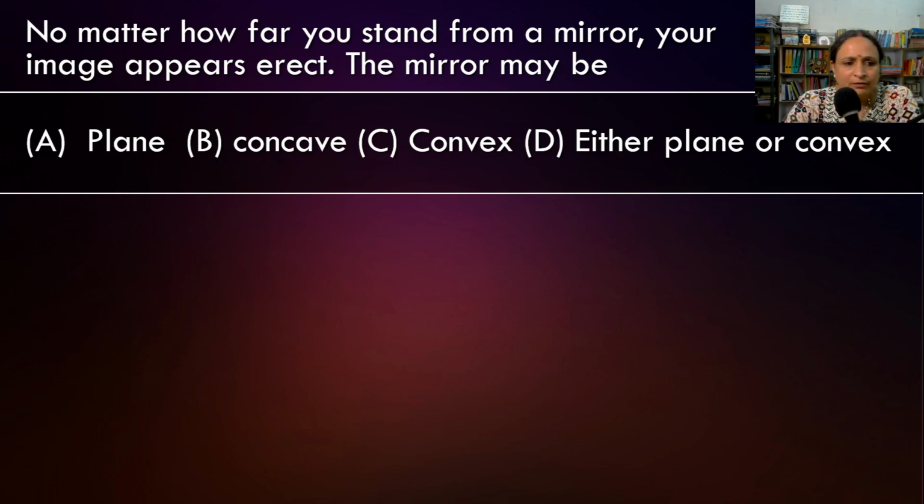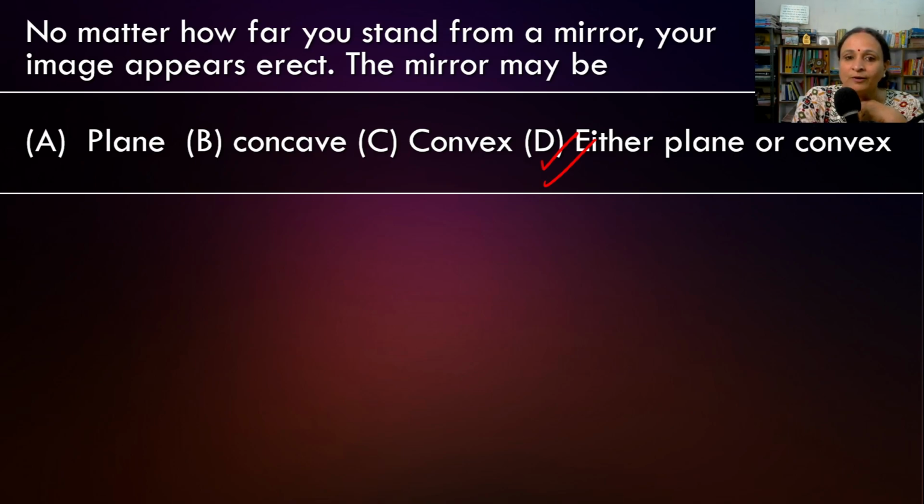The options are plane mirror, concave mirror, convex mirror, either plane or convex. You go and stand in front of the mirror and the image appears erect. So what can it be? It can be a plane mirror. Can it be a concave mirror? No, it says always. In a concave mirror, in most cases the image is inverted, so it cannot be concave. Can it be convex? Yes, absolutely. The fourth option seems right, either plane or convex. So which is the correct answer? It may be either plane or a convex mirror.